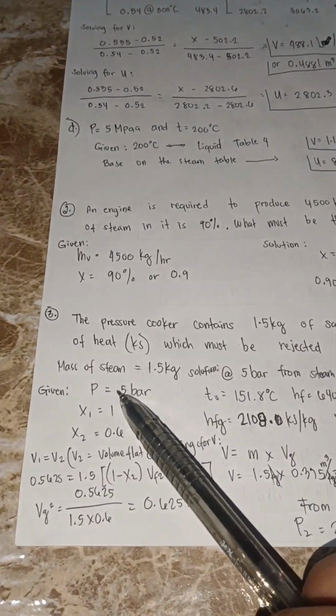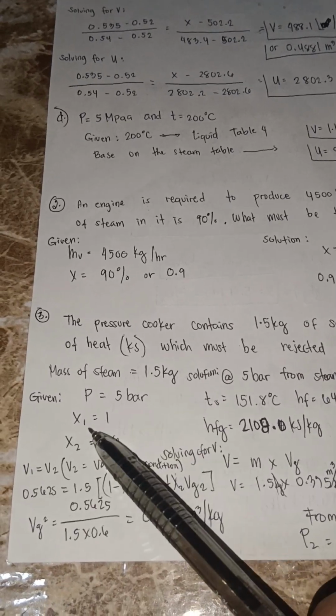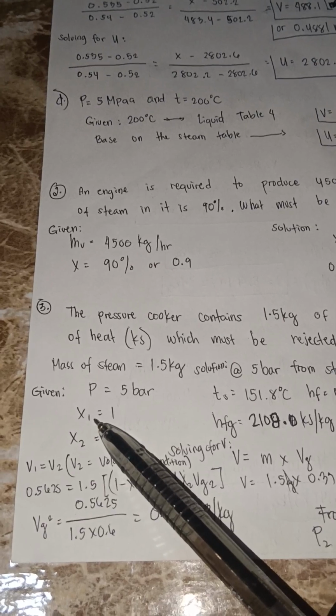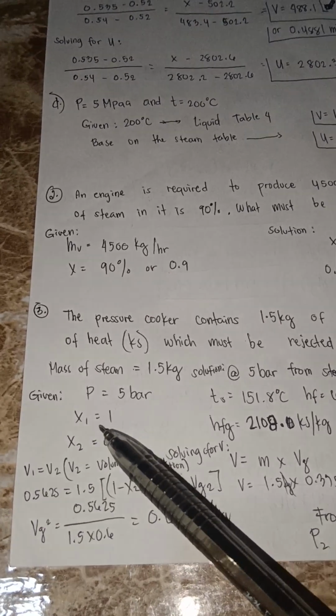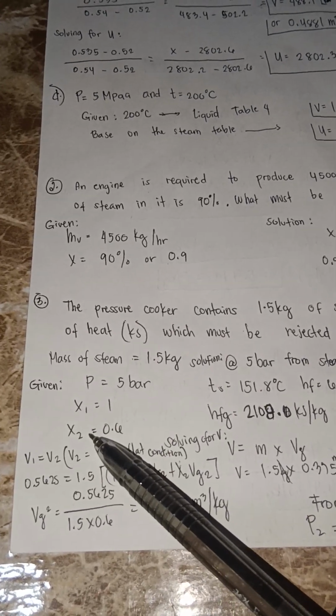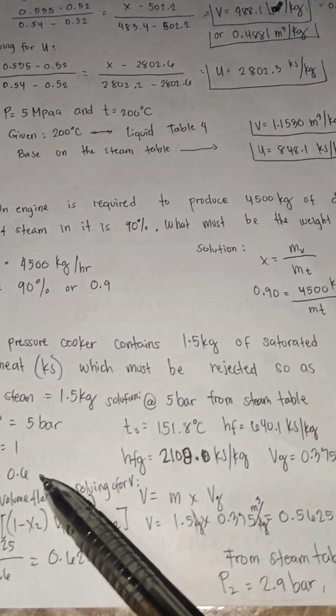So the given values, pressure is equal to 5 bar. So the initial quality, or x sub 1, is equal to 1, x sub 2, or the final quality, is equal to 0.6.